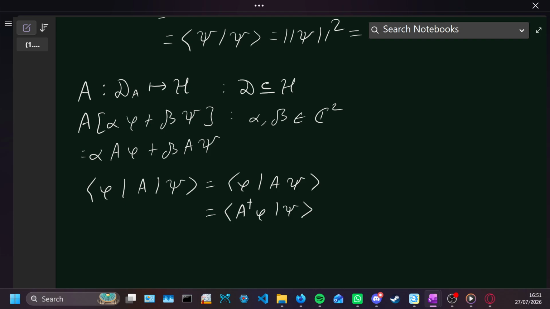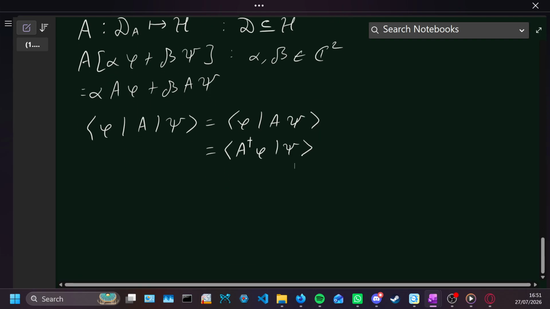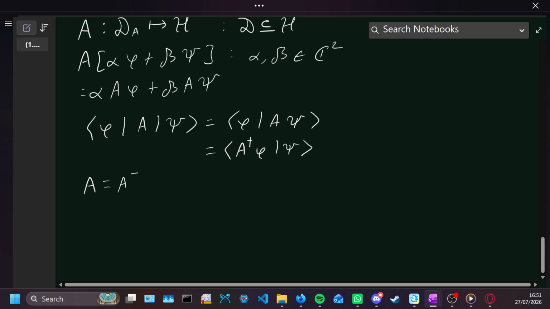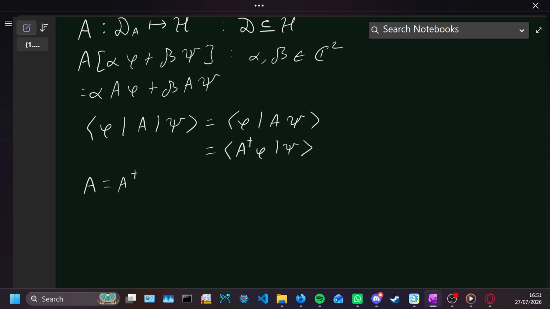And A cross here is what I call the adjoint of A. And for a vast majority of the operations I'm going to deal with in quantum mechanics, it's going to turn out that A and A bar and A cross are the same thing. And so I call this type of operation self-adjoint.